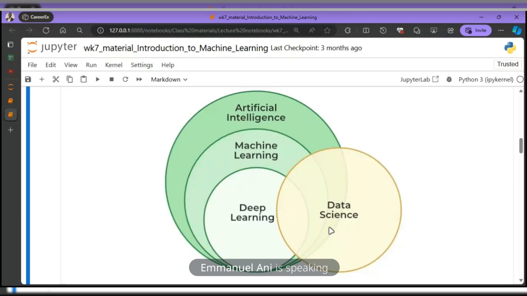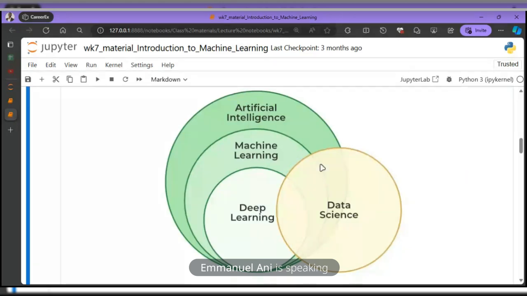Deep learning involves neural networks, so when you hear of neural networks, you know this pertains to deep learning. What we are going to be doing in this program is using traditional ML algorithms like linear regression, logistic regression, decision trees, random forest, and a lot of them. We are going to be looking at them subsequently in this class.